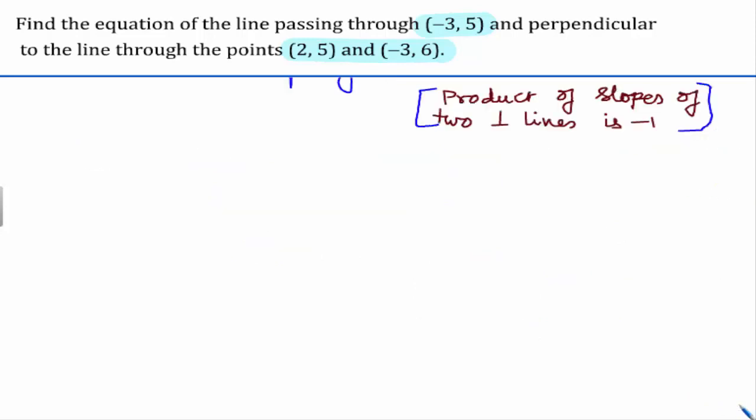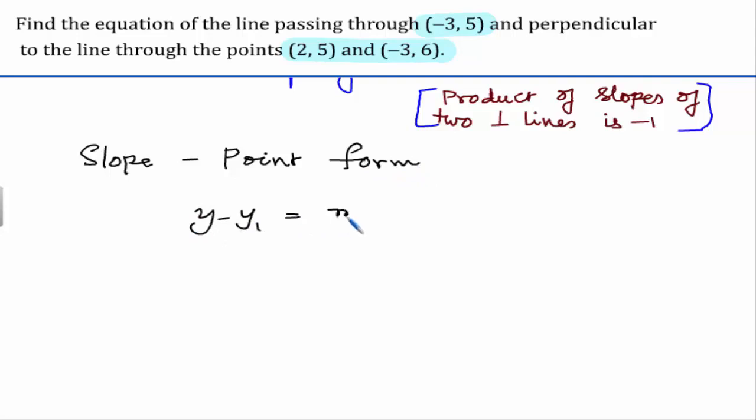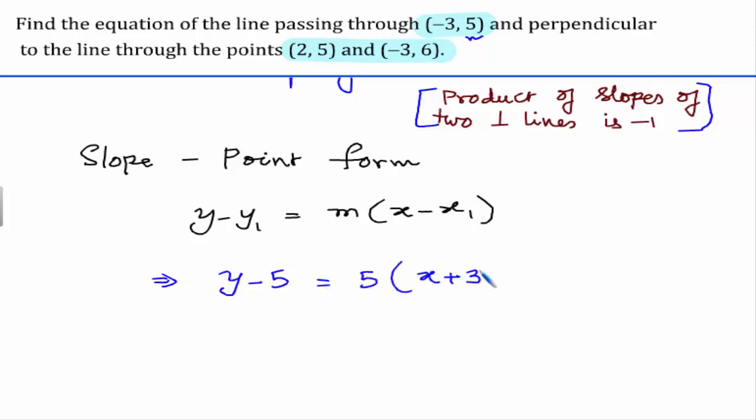So which formula do we need to use? Here we use the slope point form, that is y minus y1 is equal to m into x minus x1. That implies y minus 5 is equal to m, which we got as 5, into x minus of minus 3, that is x plus 3.